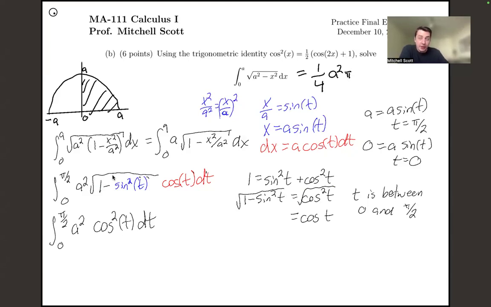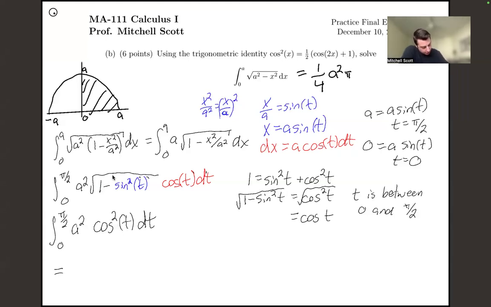Okay, it would be super cool if we could do a u substitution here because if we have u as cosine of t, and then the outer function is x squared, it would be super great. But then remember we would need a sine of t somewhere, and we don't have access to that, right? But we do have this trigonometric identity that, handy dandy, is given to us. So let's use that right now.